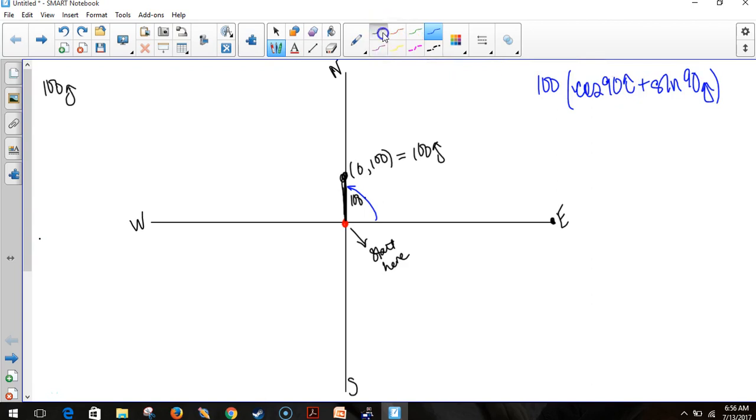And then I can pull up my unit circle, use my calculator to say, well, cosine of 90 is 0. So that wipes out i hat. Sine of 90 is 1. And when I distribute, that's how I wind up with 100 j hat.